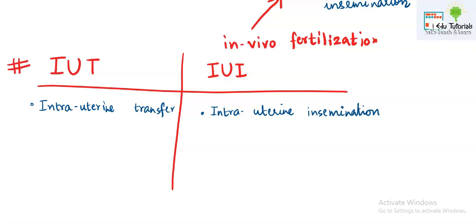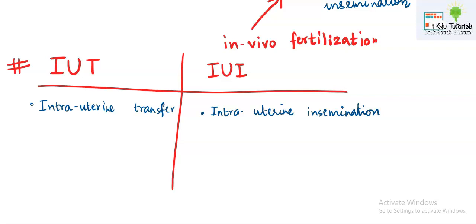Intrauterine transfer means that when the embryo is more than 8 cells, it is transferred into the uterus of the desired female who wants to become a mother. Whereas IUI means intrauterine insemination.